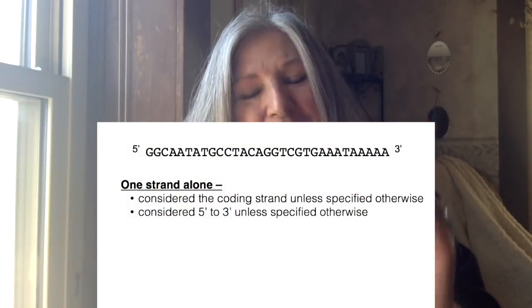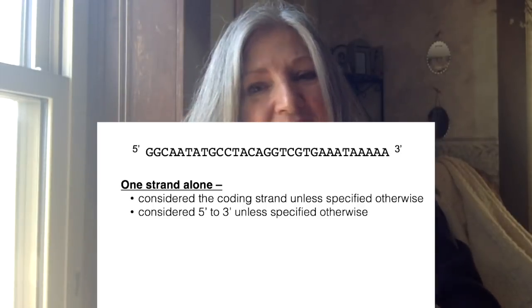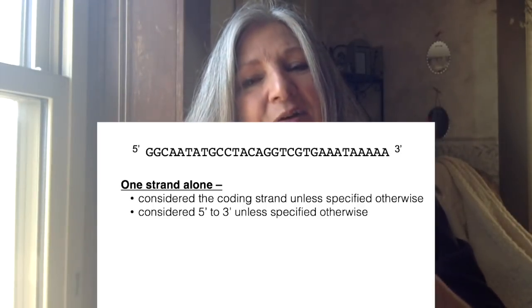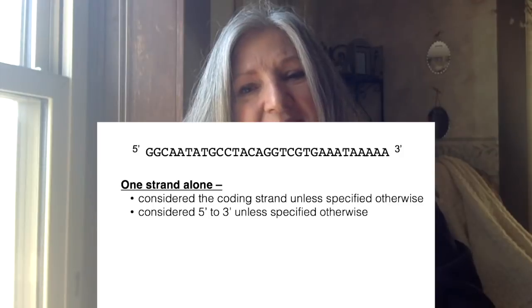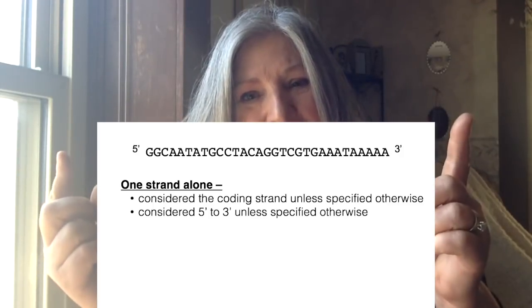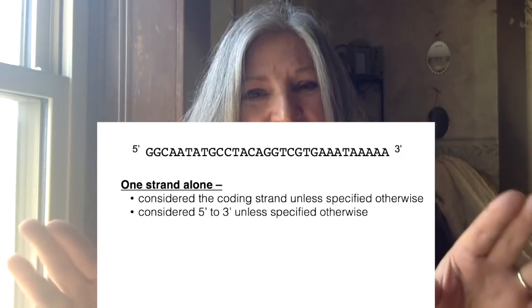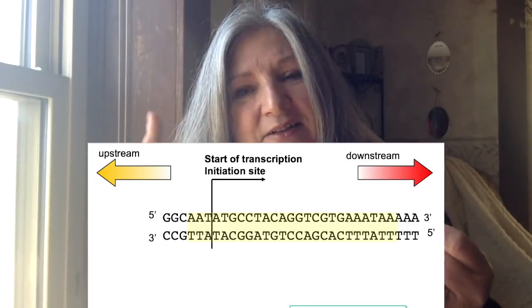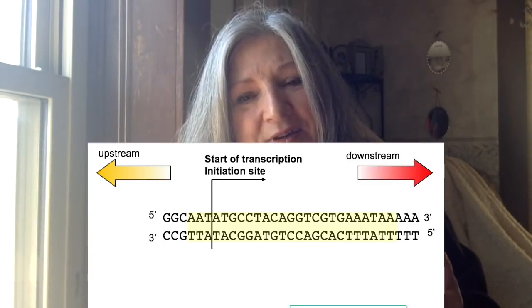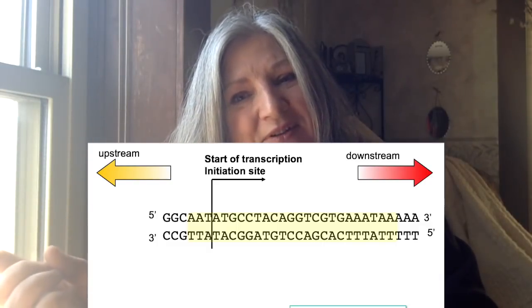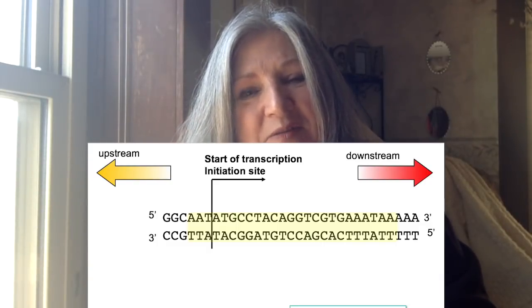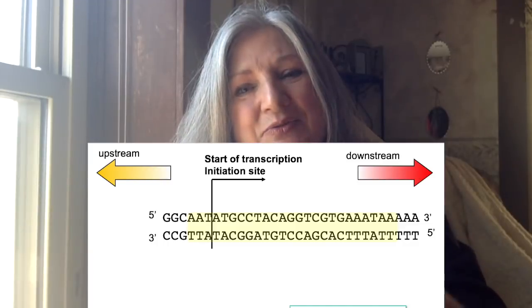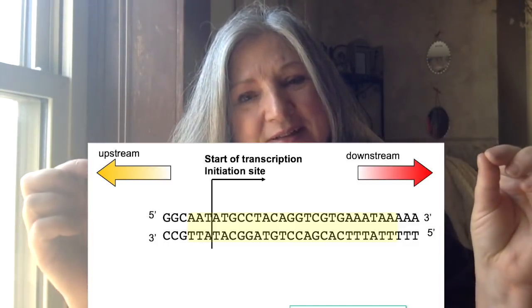For instance, when we write a genetic sequence and only use one strand, we write the coding strand 5' to 3'. We don't write the template strand, generally speaking. And so, when we're talking about upstream and downstream, we're talking about the 5' direction and the 3' direction, respectively, in relation to the coding strand, the top strand.